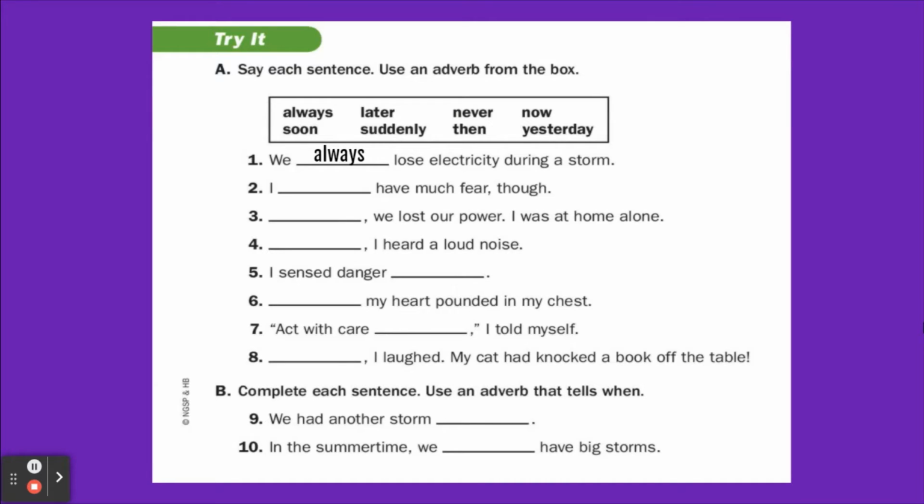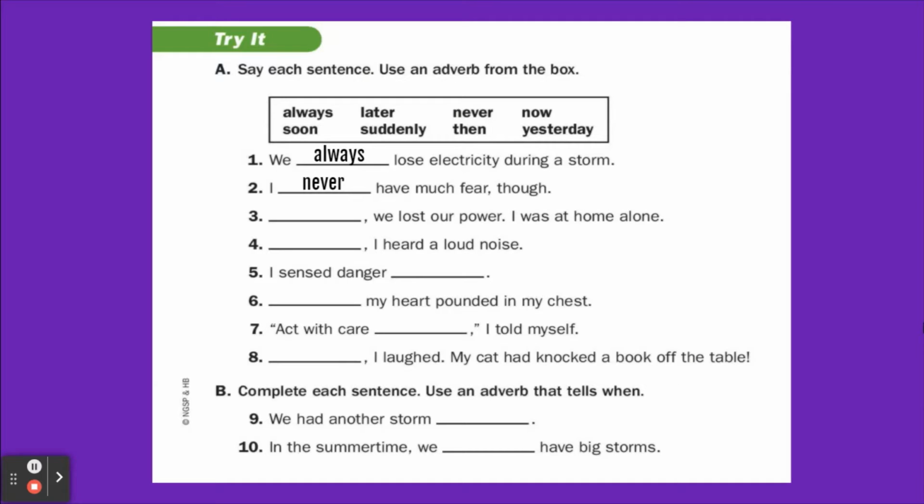The verb is lose. So always is modifying lose because it's telling me how often it happens. It happens always, right? Number two: I blank have much fear though. I blank. What do you guys think?